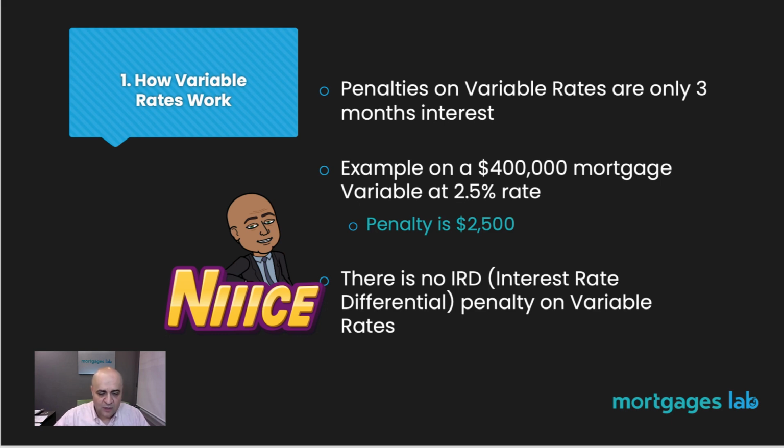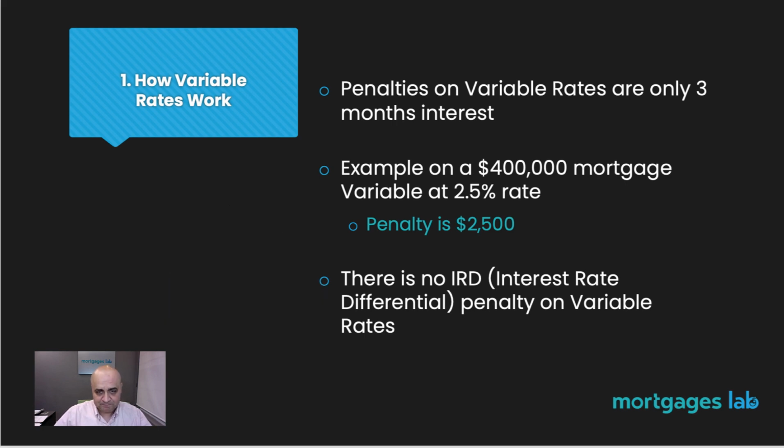Of course, with our offices, there's always full disclosure, but sometimes some lenders will offer you a super discounted variable rate, which is very appealing, but the penalty structure may be different. So you have to be careful. You have to read the fine print or ask for the fine print. But in most cases, the variable rates have only 3 months interest penalty.